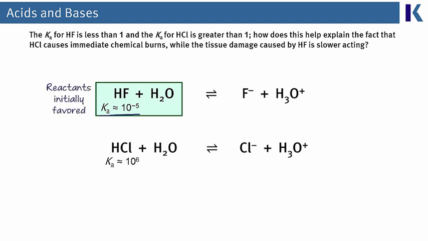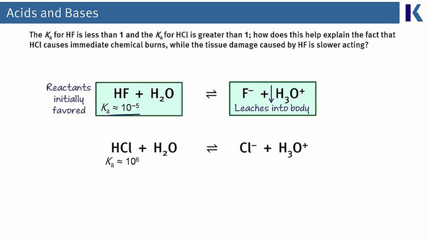But what we're going to see is that if you splash some HF on your skin, a small amount of it will deprotonate, forming a small amount of this hydronium cation, and then that hydronium cation is slowly going to cause damage to your tissue. It's going to leach into your body. Think about what Le Chatelier's principle would have to say for this reaction.